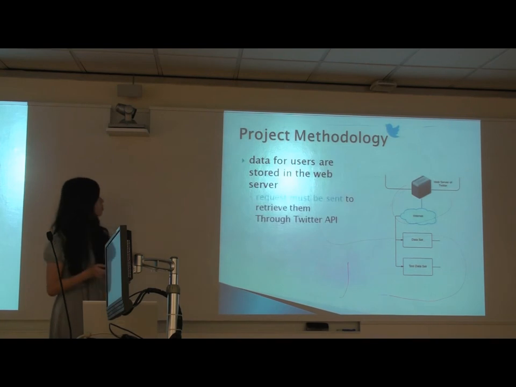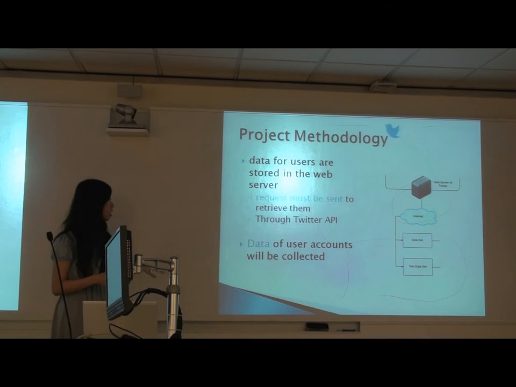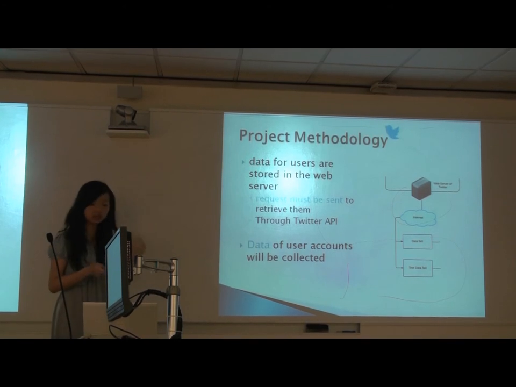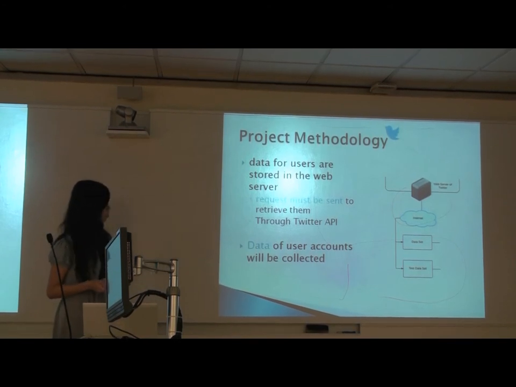So, data for users are stored in the web server of Twitter. Therefore, requests must be sent to retrieve them from the server. So to achieve this, I used Twitter API. And data of user accounts will be collected through API calls.